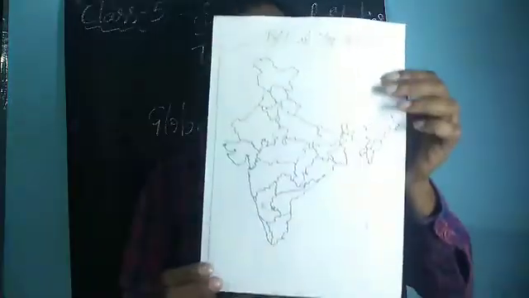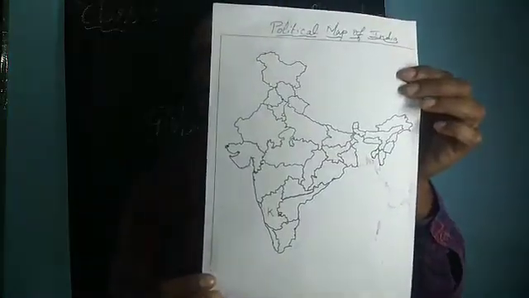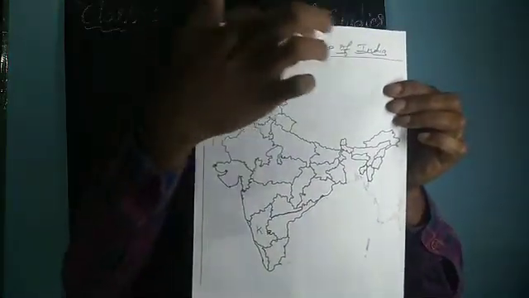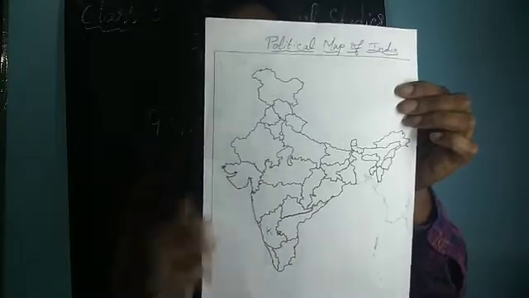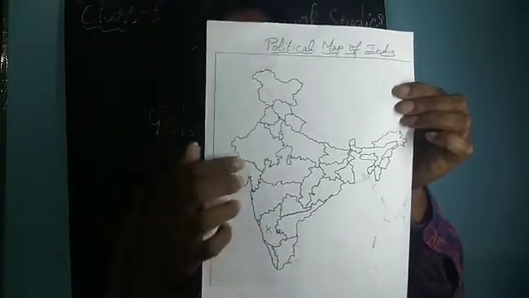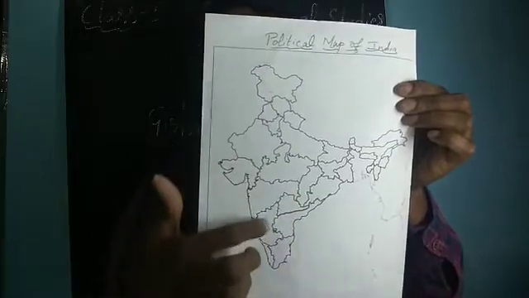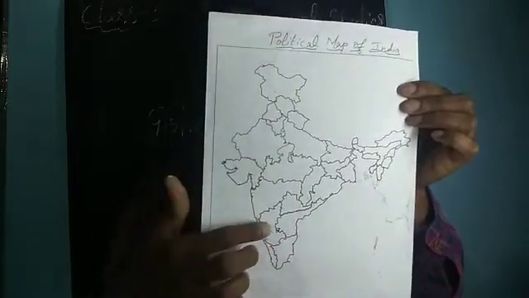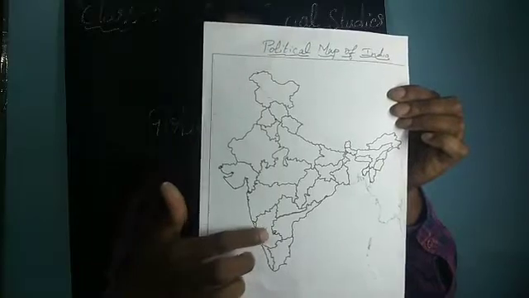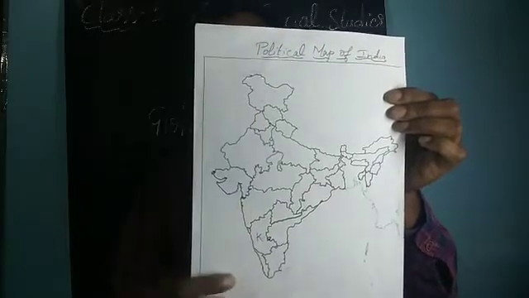See, here is the map which is called a political map of India. The political map of India is just showing the different territories, that is, the borders of the states. You can see here Karnataka in the south part, Jammu and Kashmir.